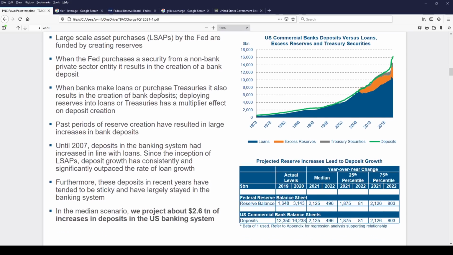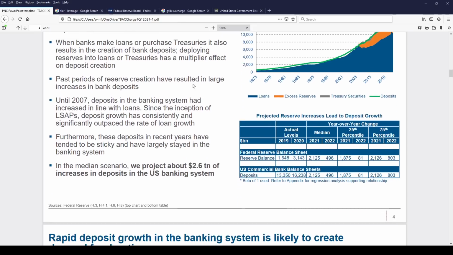So when banks make loans or purchase treasuries, it also results in the creation of bank deposits. Deploying reserves into loans or treasuries has a multiplier effect on deposit creation. Past periods of reserve creation have resulted in large increases in bank deposits. So essentially, hey, this big increase in the M2, well, it has something to do with the big increase in quantitative easing and the Fed's balance sheet.